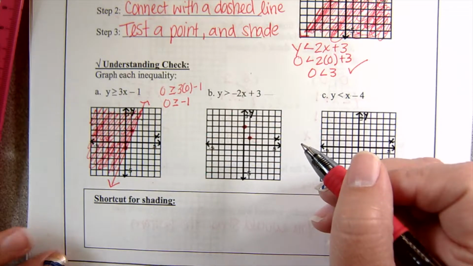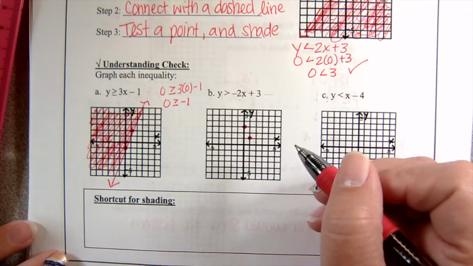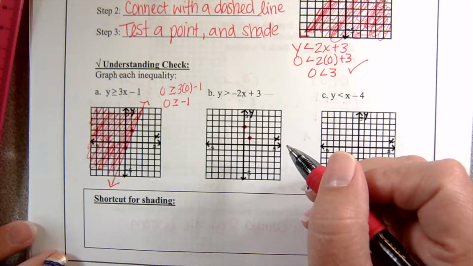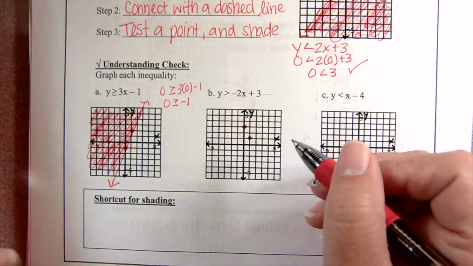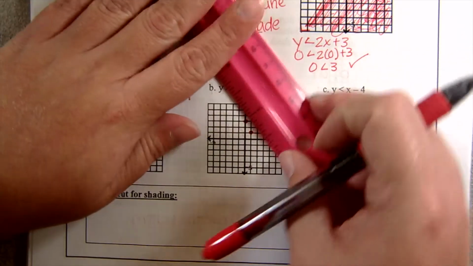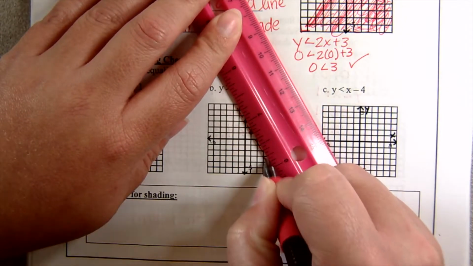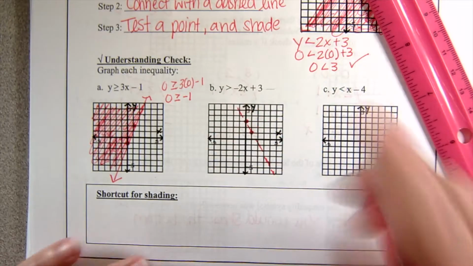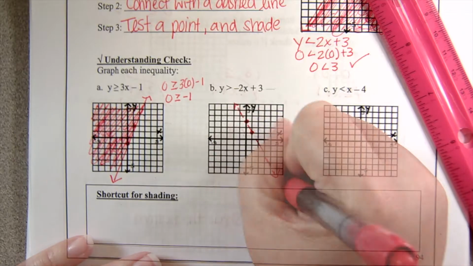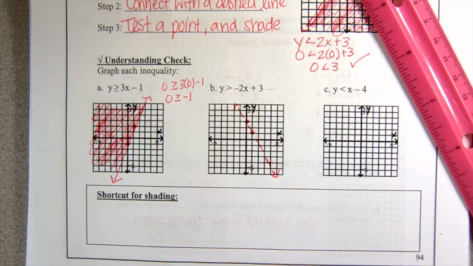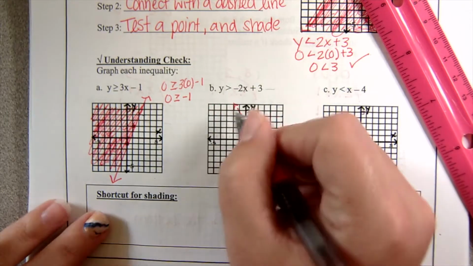Positive tells you to go up, and it's always to the right. So, is it a solid or dashed? Dashed. Which side did you shade? The top or right side.